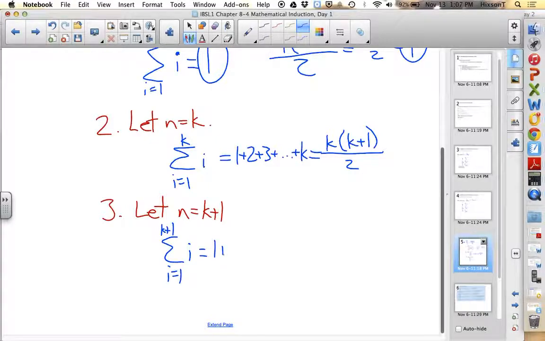So it's going to be 1 plus 2 plus 3 all the way up to k, and then the last term k plus 1. I'm going to just put that in parentheses. It doesn't do anything mathematical. It's just so I can see that that's my last term, the k plus 1. Alright? Is everyone with me on that? Yeah. Okay.